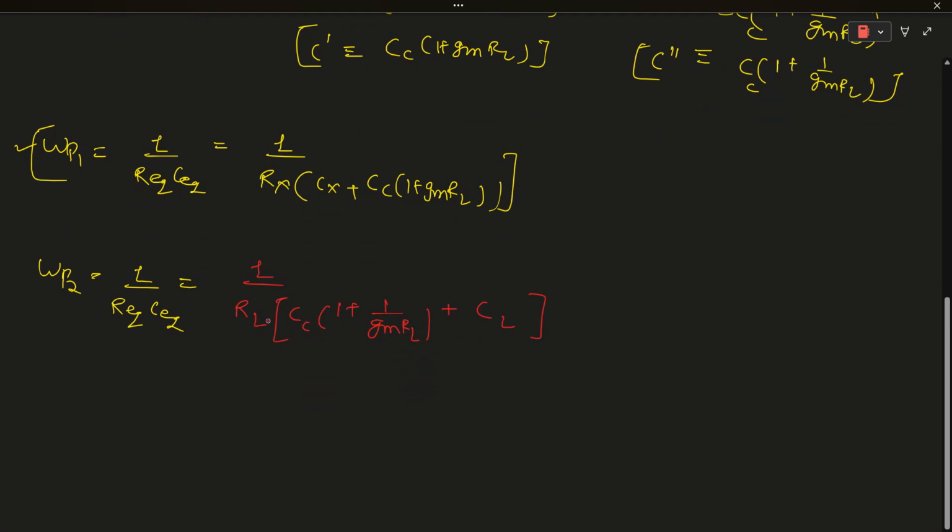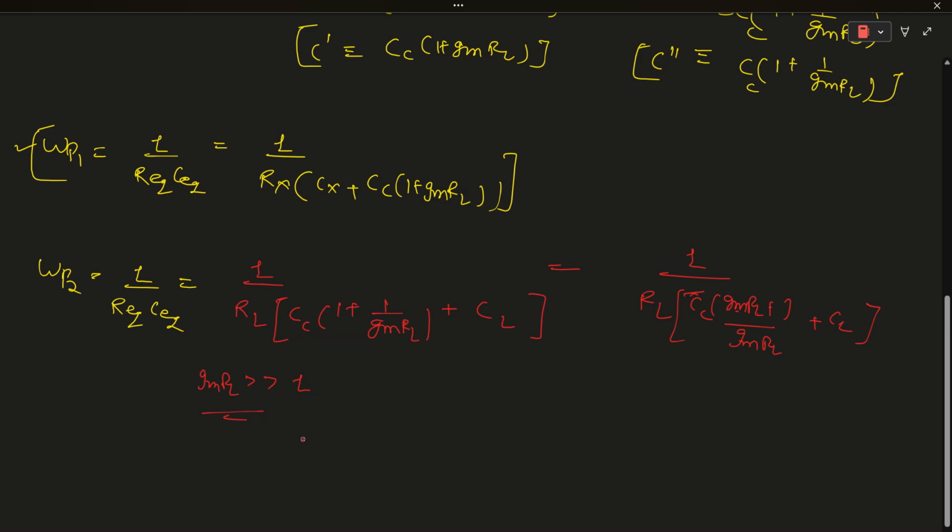Let's solve it, then we will get to the conclusion. We can say that gm RL is much greater than 1.